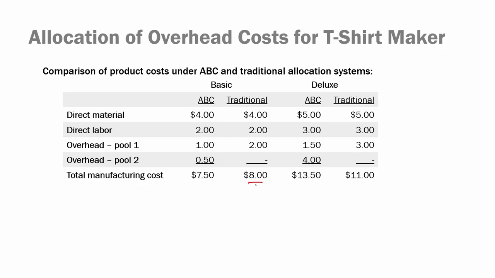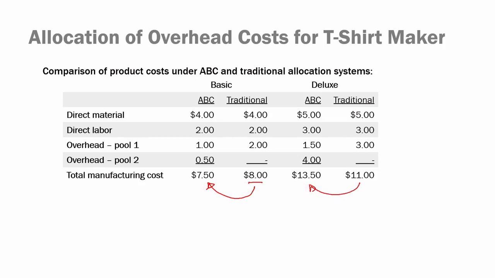Notice that when we went from the traditional to the activity-based costing system, the cost of the basic t-shirt went down, while the cost of the deluxe t-shirt went up. Why the change?